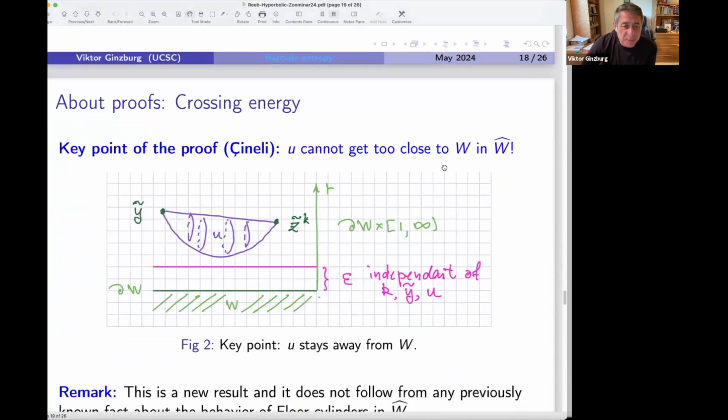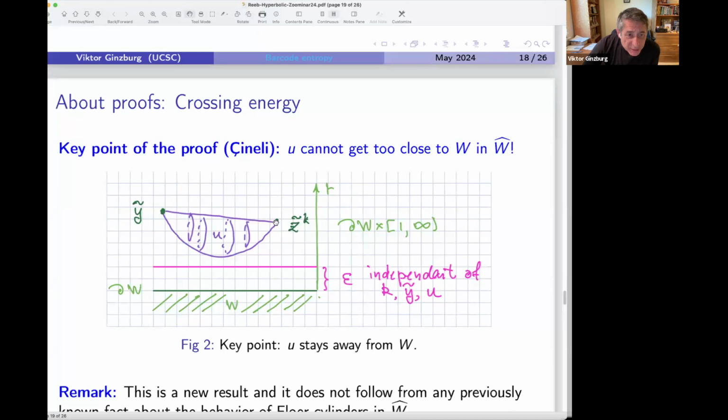Here is the picture, and here is the main ingredient of the proof. So in this picture, again, this part is a completion of the Liouville domain. Here below, I have the Liouville domain itself. This is the cylindrical part. Here I have the iterated orbit.